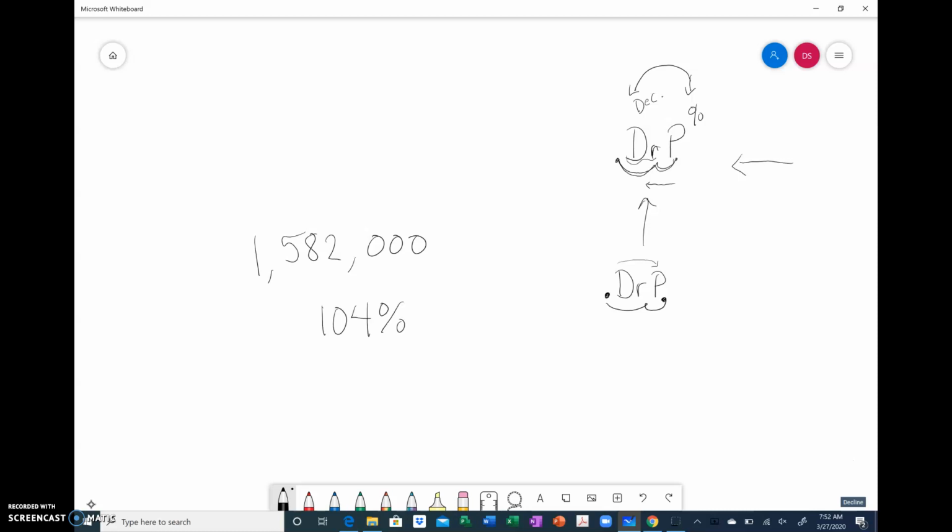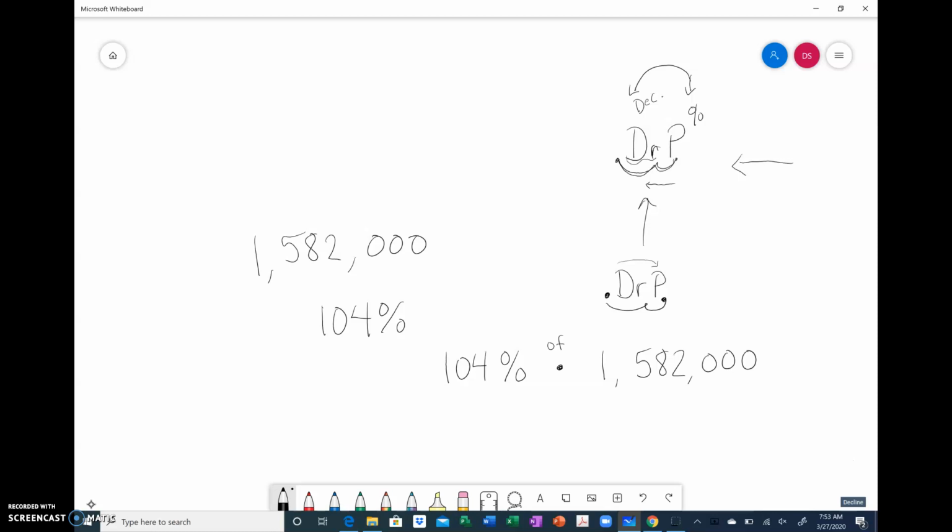Okay, now they want you to tell them how much money the sequel made, and so the mathematical problem that you're looking at is, what is 104% of, which is multiplication, okay, 1,582,000.